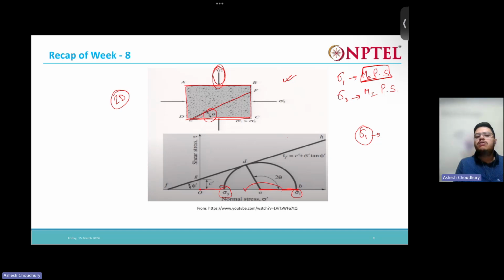Done. Now the failure plane is making an angle theta with the major principal plane. So there it will be making twice theta. Same you can see, twice theta. So this will be our major principal. So the failure plane.